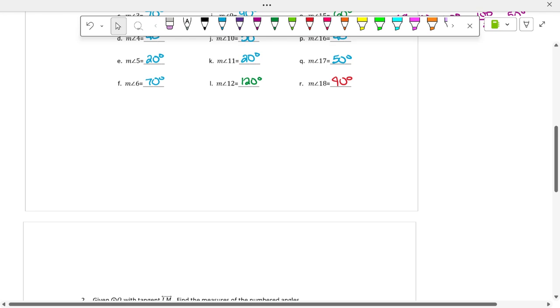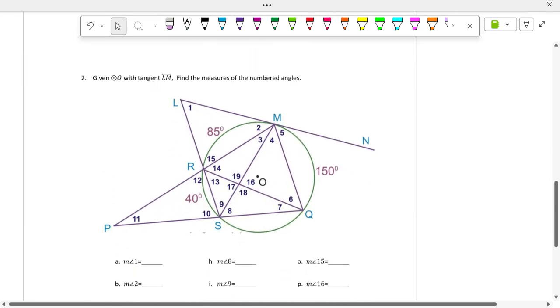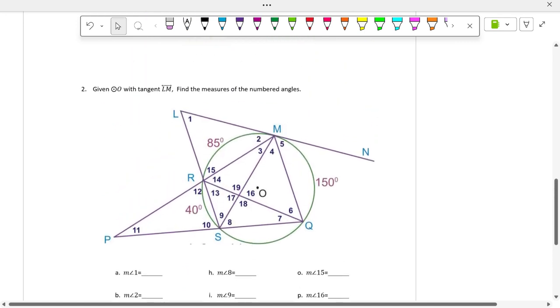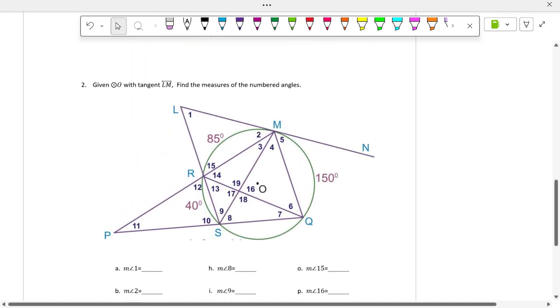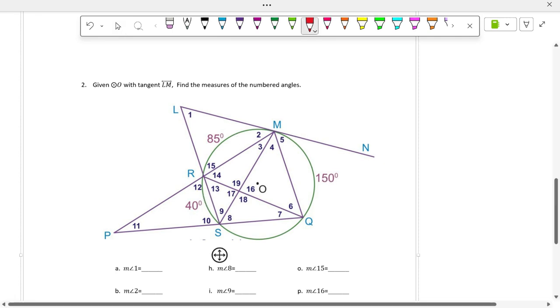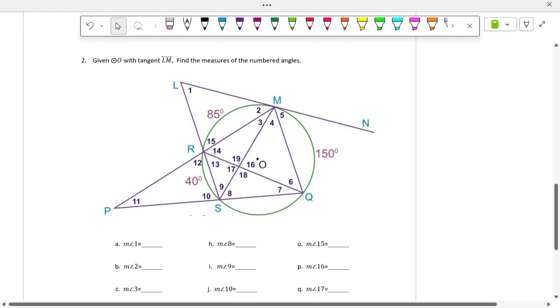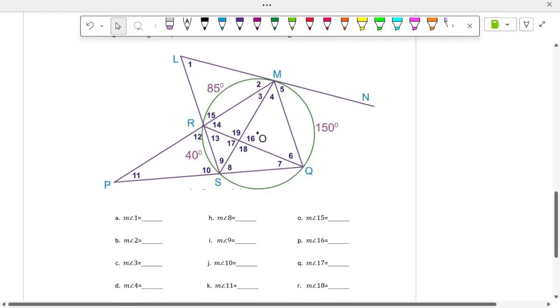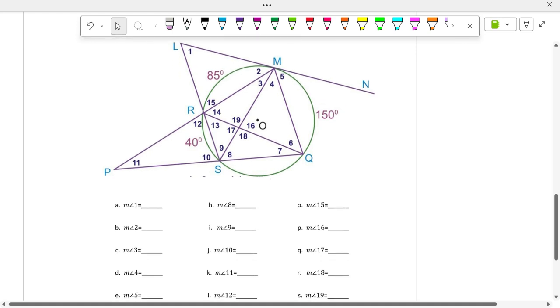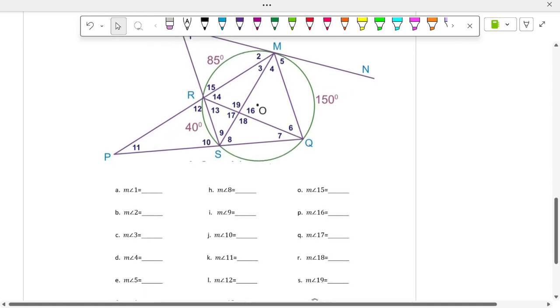All right. Look at the next page. So, what I'm about to do is have you guys try this one on your own, but I want to make sure you got to all your arcs. So, for this one, they gave you all your arcs except for one, SQ. All right. How can I find SQ? Add them all up, subtract from 360.